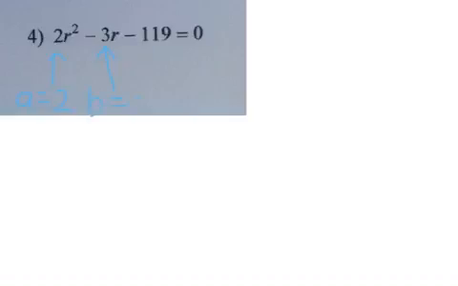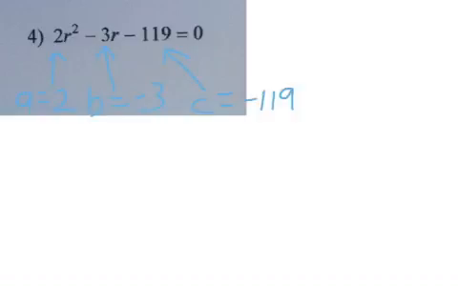So we know b is negative 3. Now keep track of your signs, okay? And then we know that that constant number there is our c. C is therefore negative 119. Okay? So now, of course, we're going to take these values and do the quadratic formula on them.